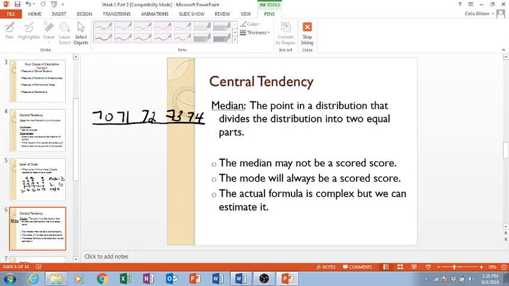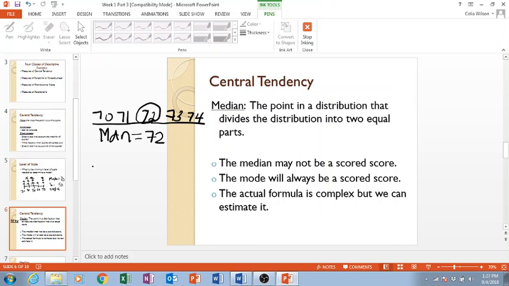All right, so what would my median be? In median, we can abbreviate; you might see it MDN sometimes. What would be the median here? The point in a distribution that divides the distribution into two equal parts. It's going to be 72, right? Because if it's 72, I'll have 2 over here and 2 over here.